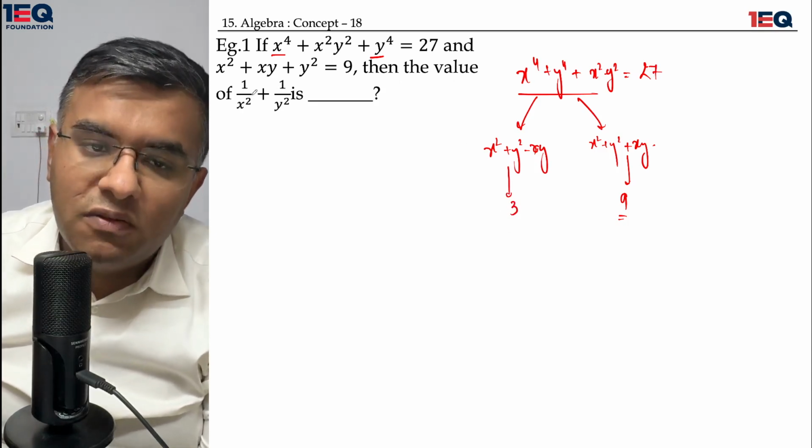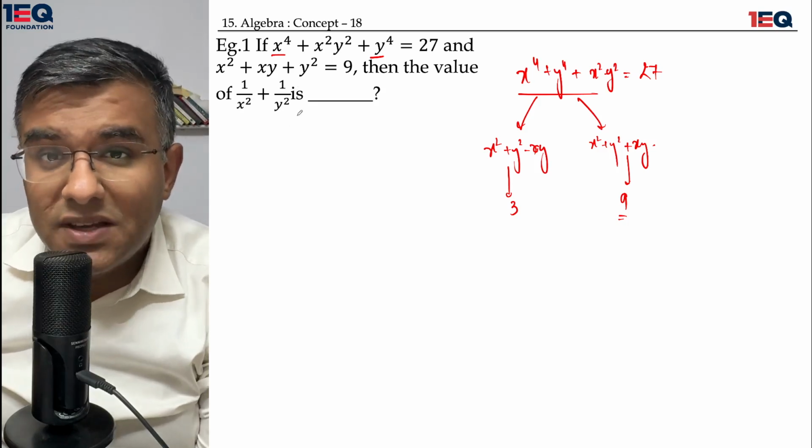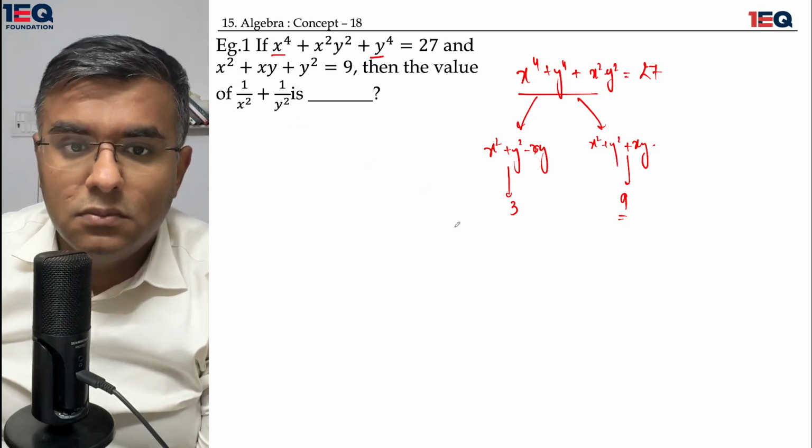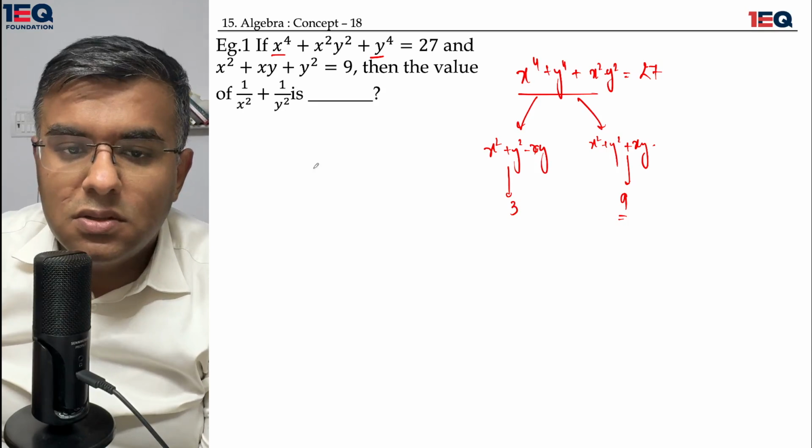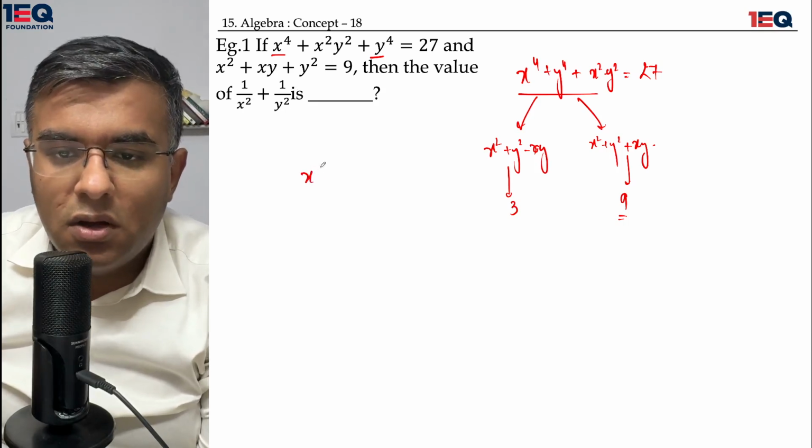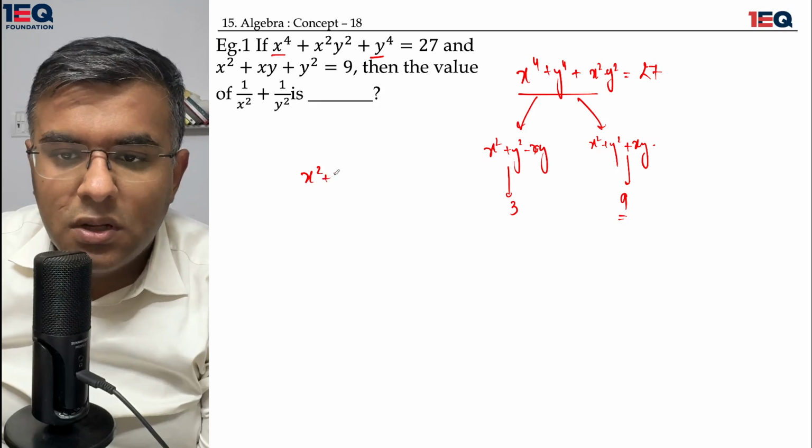Then the value of 1 by x square plus 1 by y square is what? So this is the question. I have two equations about which I'm absolutely sure what values are going to come up.